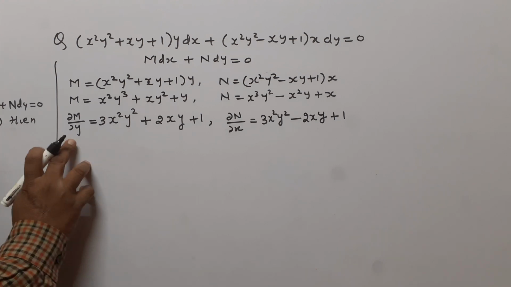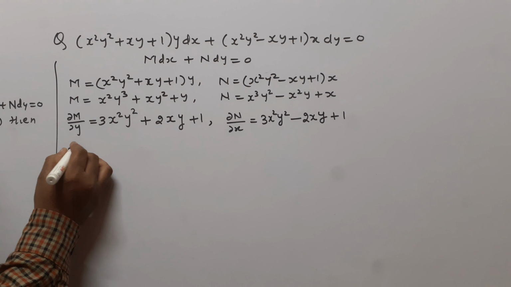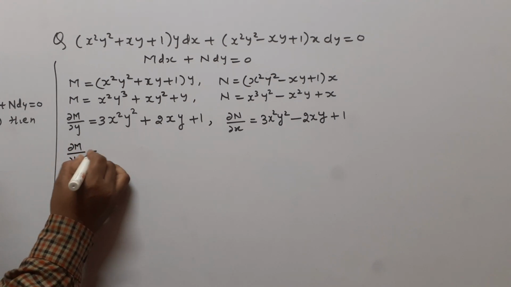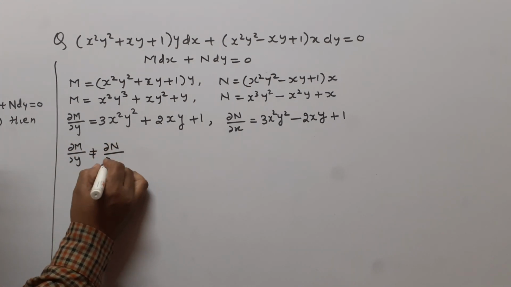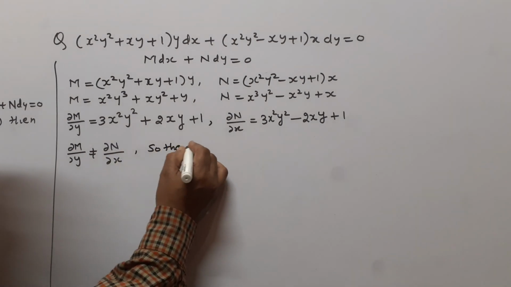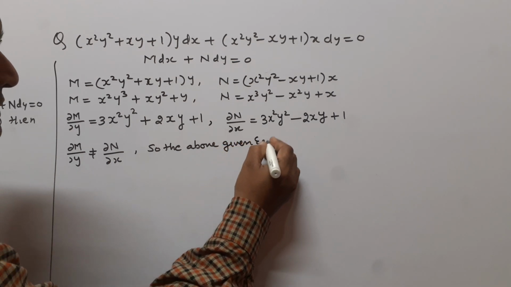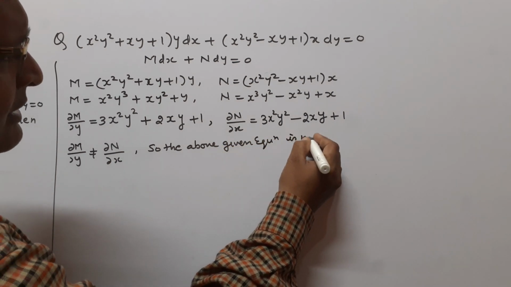Here we can see del M by del y is not equal to del N by del x. So the above given equation is not exact.